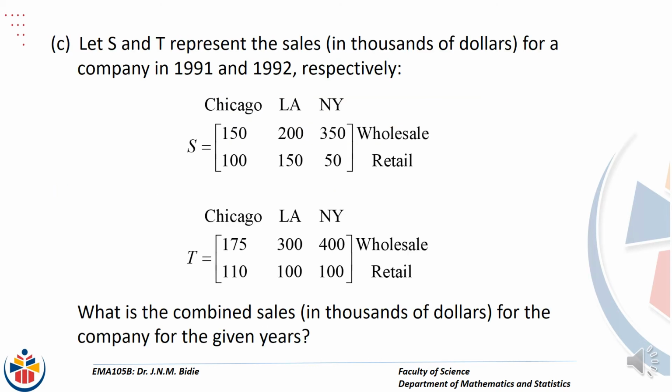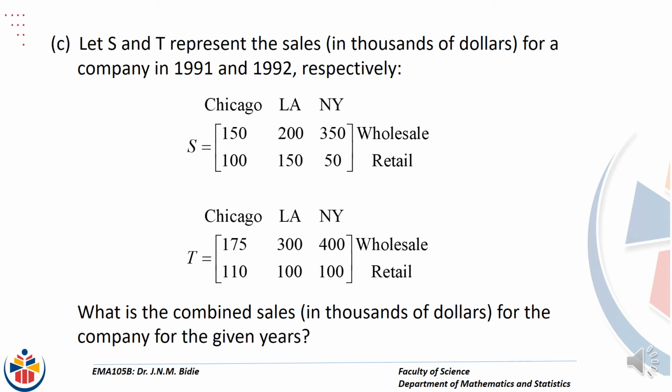Then we go to C. We let S and T represent the sales in thousands of dollars for a company in 1991 and 1992. So we've been given the sales, S and T. All right. So now the question we are asked is, what is the combined sales in thousands of dollars for the company for the given years?